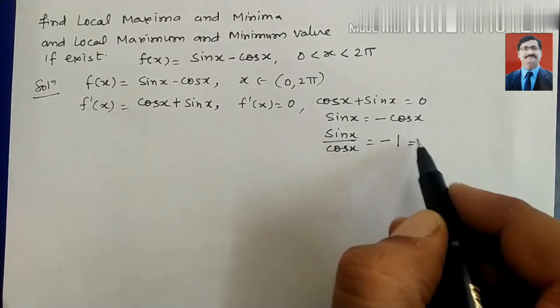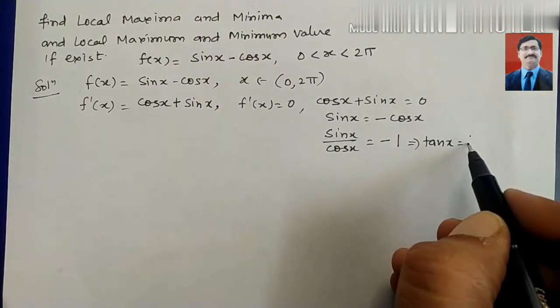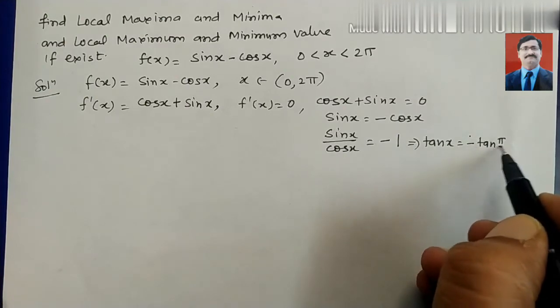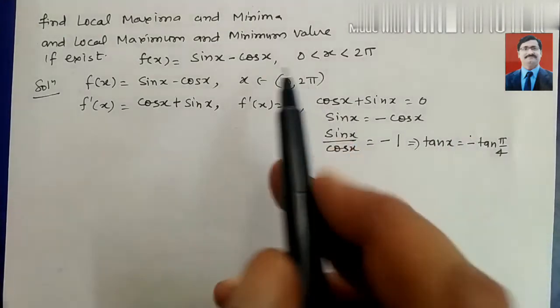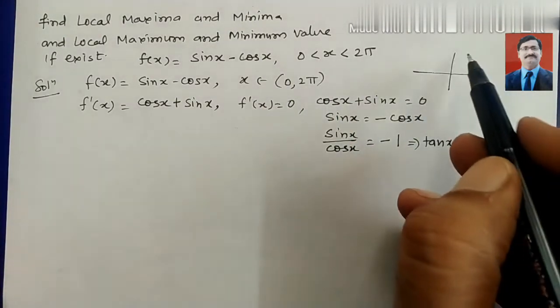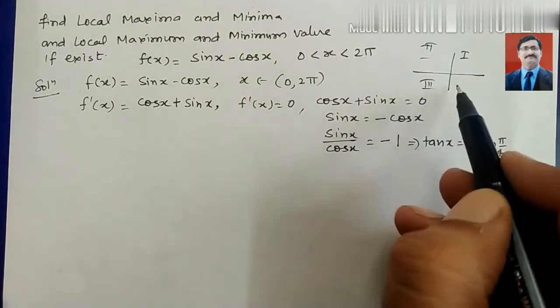This implies that tan x is equal to minus tan pi by 4. Look here, we have a minus here, and the interval is 0 to 2 pi. 0 to 2 pi means we have the first quadrant, second quadrant, third quadrant and fourth quadrant.